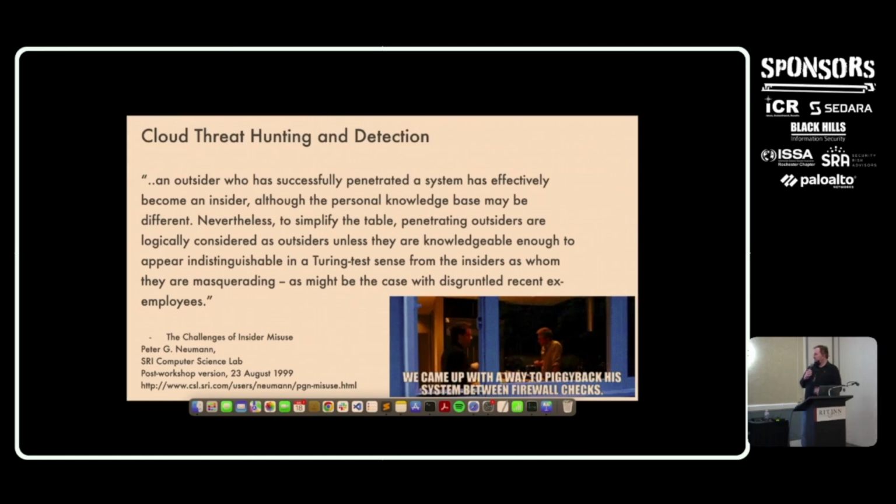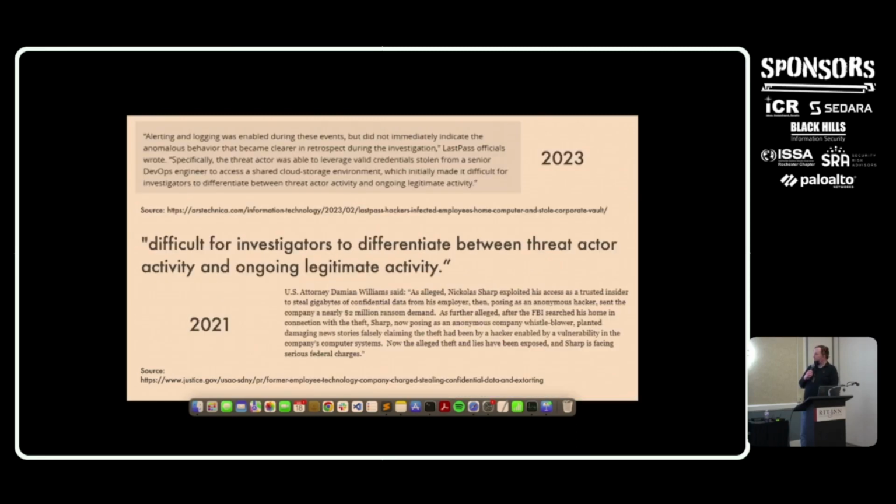This is the best problem statement that I've found so far, better than anything I've ever come up with on the subject. The reason credentialed access and cloud activity is hard to find is that it's hard to distinguish threat activity from legitimate activity, because the differences are usually just a matter of nuance. And I'll give you some examples of what that looks like.